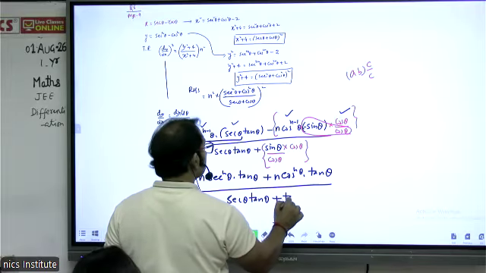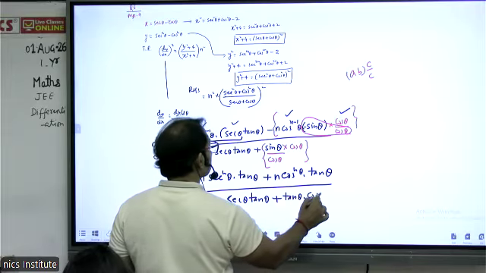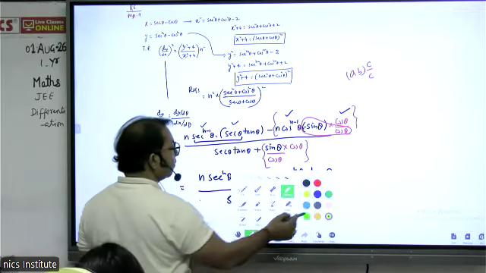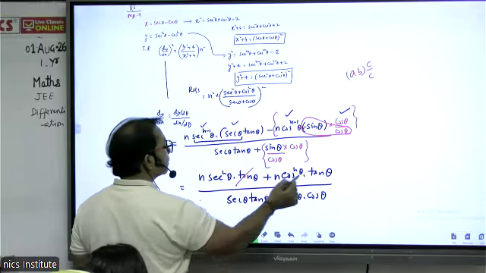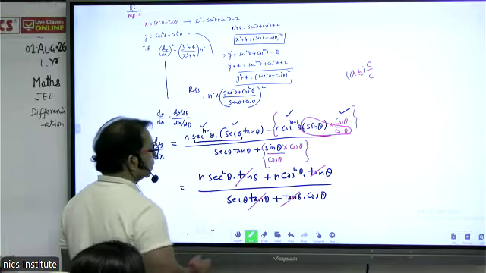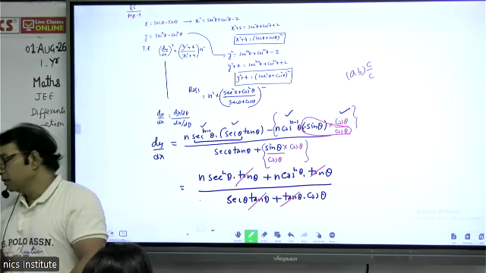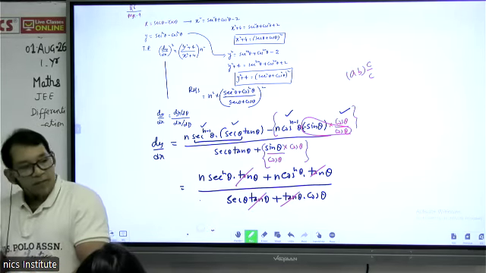This is tan theta cos theta. N is there. Now you take tan common from the numerator and cancel. Square this, you get this. Life is so easy.